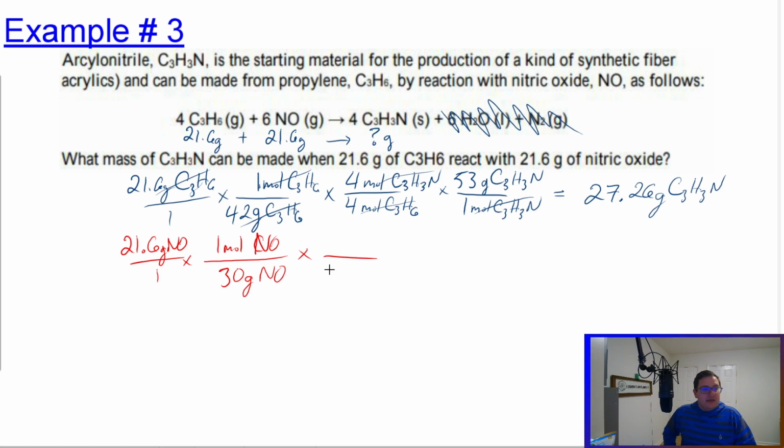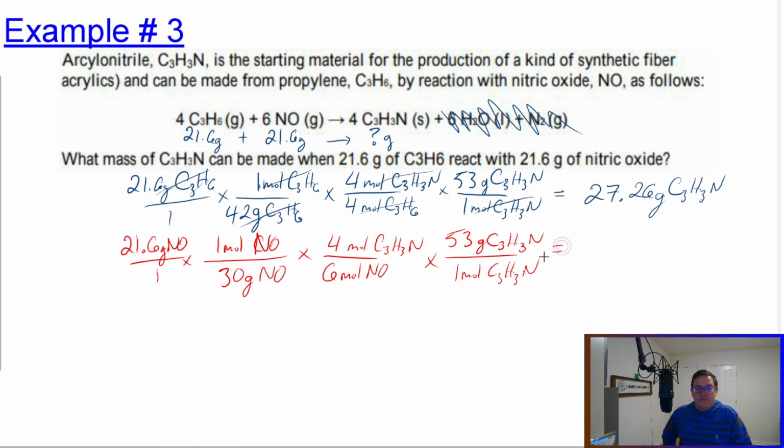For every 6 moles of NO, we actually produce 4 moles of C3H3N. And for 1 mole of C3H3N, we use or produce 53 grams. Cool. I think we're done here.